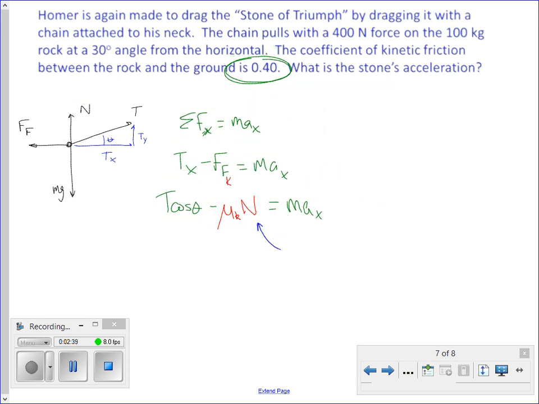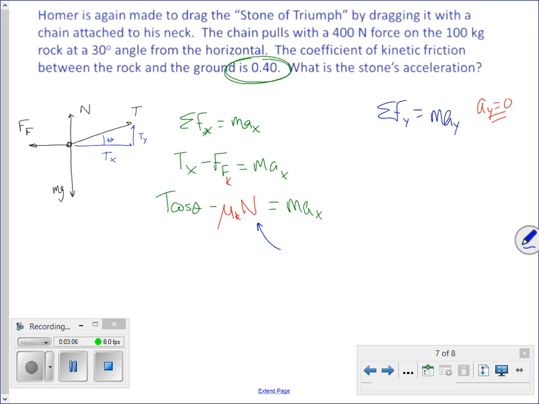Here's our horizontal direction stuff that involves friction force. But then we need to look at what the normal force is, and that's a net Fy thing. Now, for this situation, this is an object being accelerated across the floor, so let's state that vertical acceleration is 0.